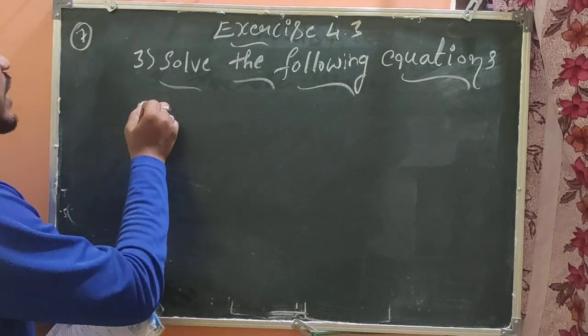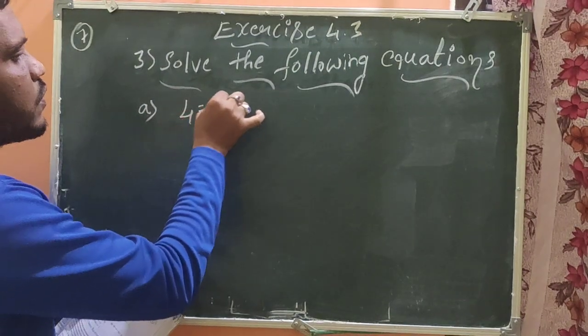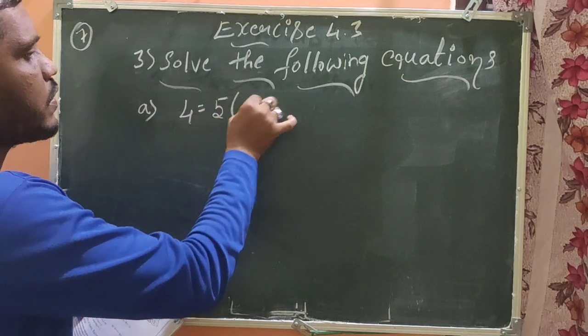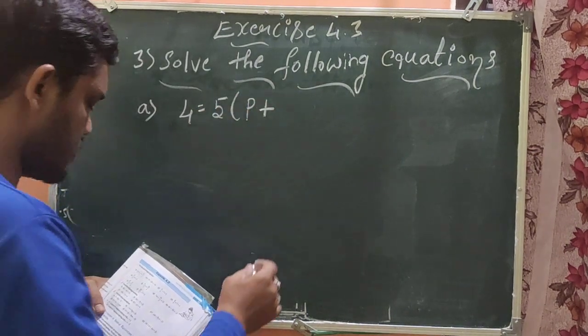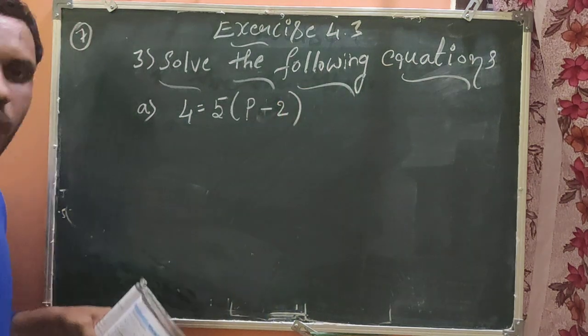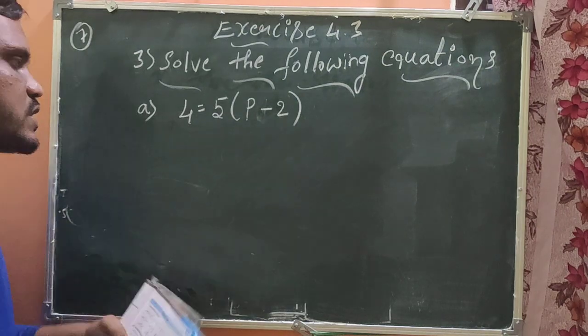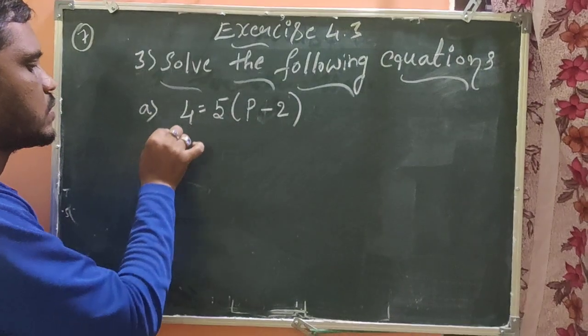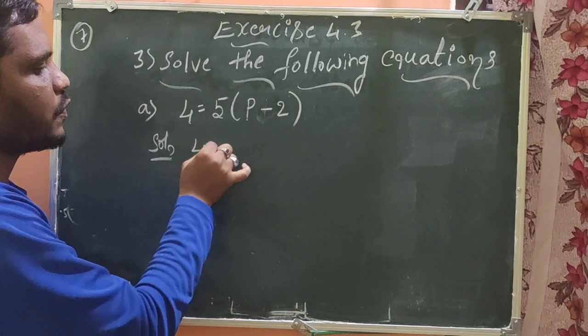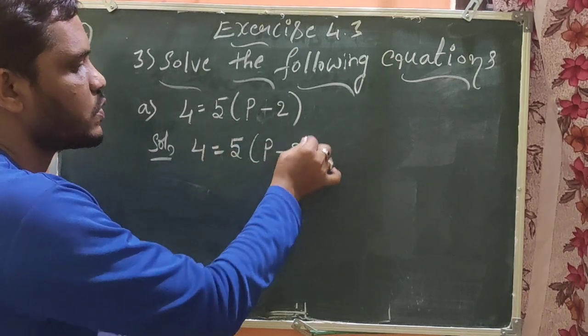So here also they have given A. First problem, 4 is equal to 5 times of P minus 2. One clue will be there, dear students. So first I will write the solution. 4 is equal to 5 times of P minus 2.